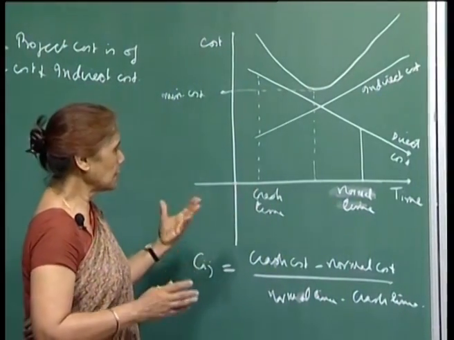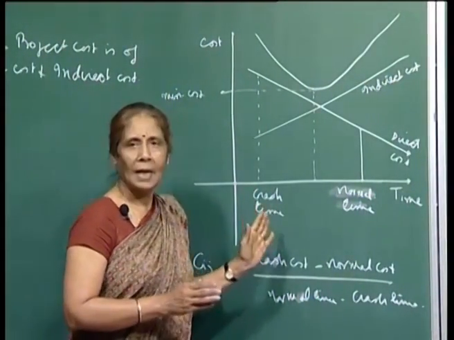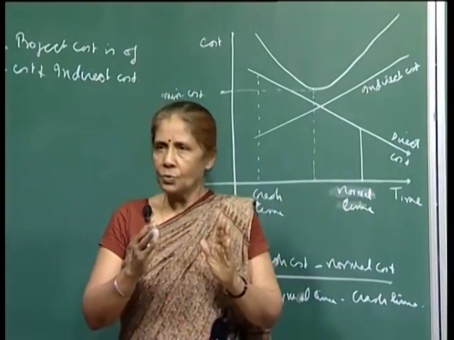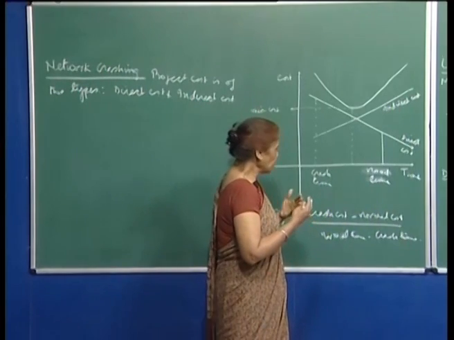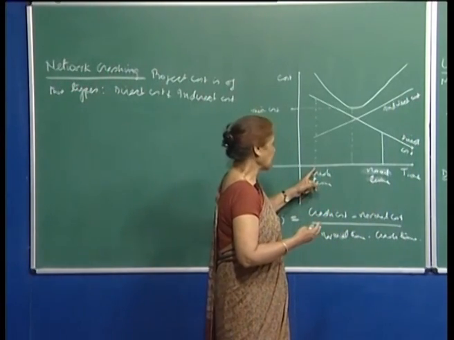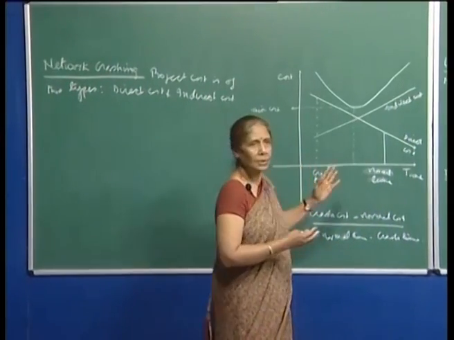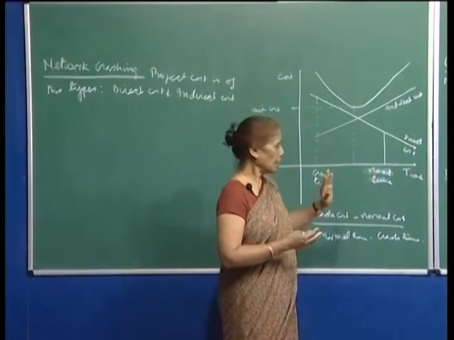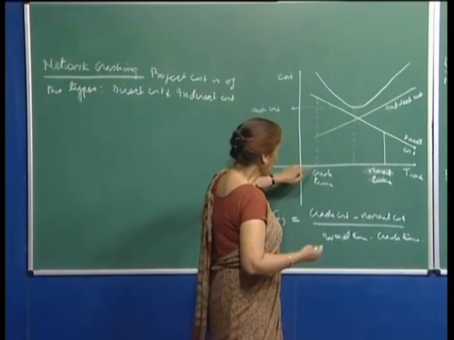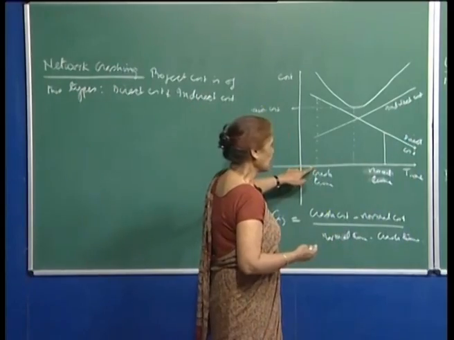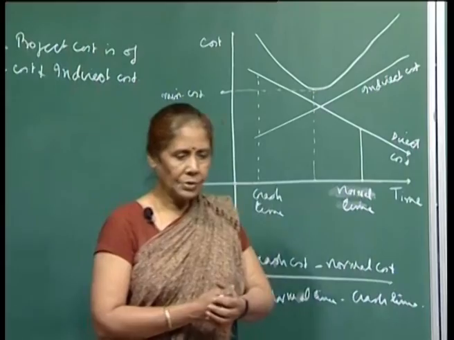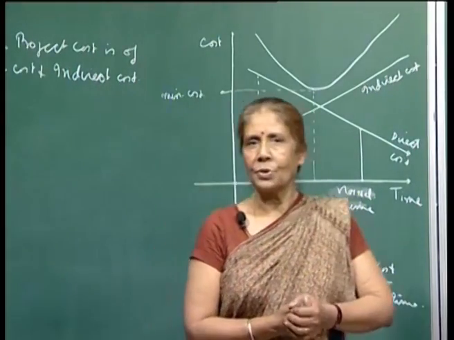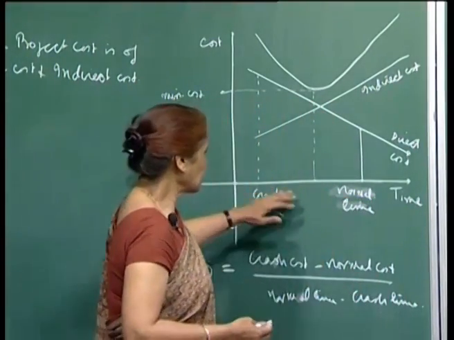So, there will be certain time associated with an activity, and you can try to complete the activity within that time, but certainly you cannot reduce it further than the crash time. So, you cannot complete the activity in time less than the crash time, and normal time is the normal. So, you have some concept of what resources, what labor and other things you would require to complete the job.